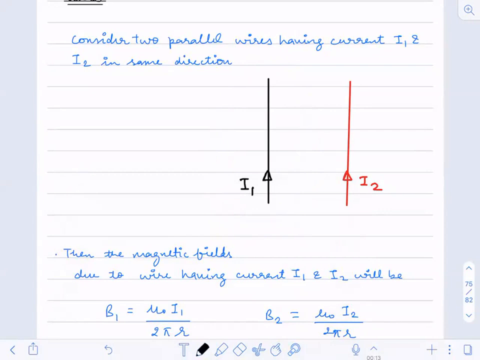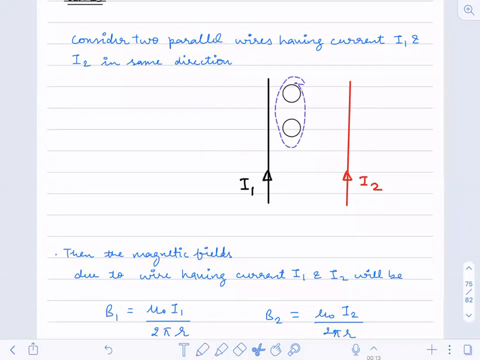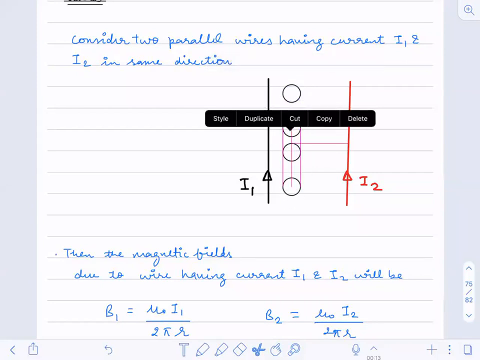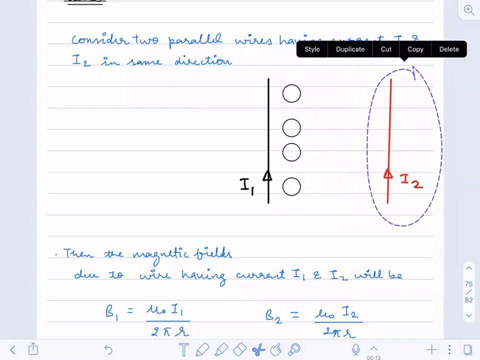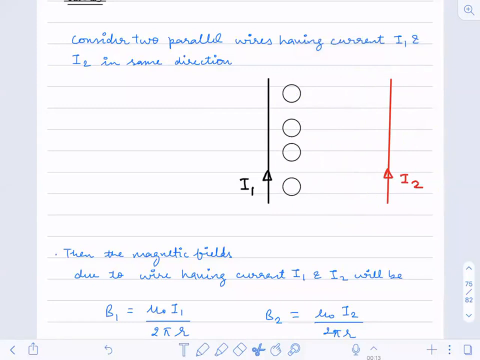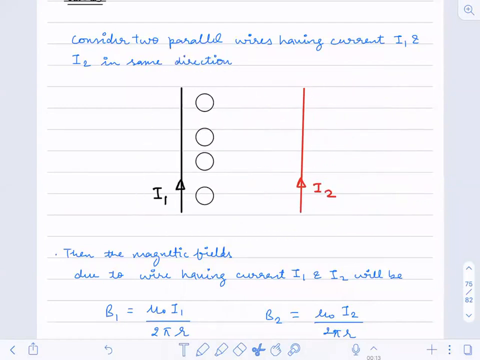You will tell me what is the direction of the magnetic field at these points due to the black colored wire. I want the answers from you. Will it be outward to the screen or will it be inward to the screen?